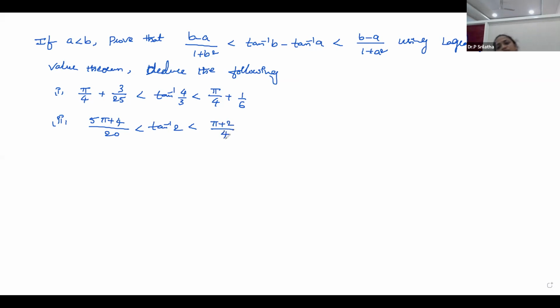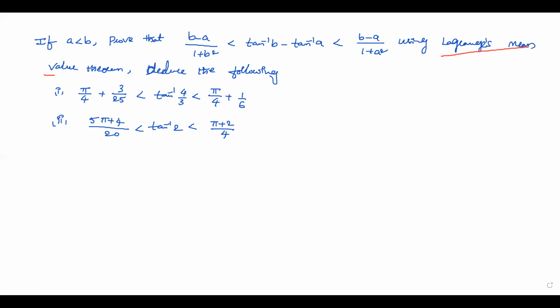How to do this problem? Anyone? Here, what is our question? By using Lagrange's mean value theorem.